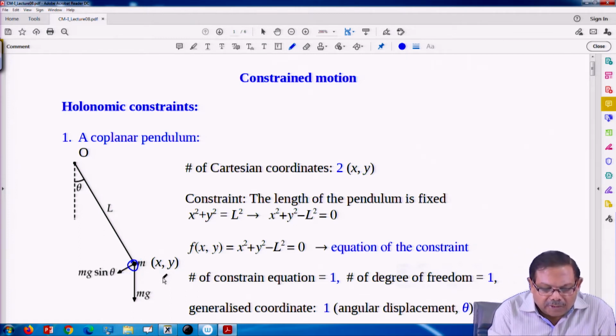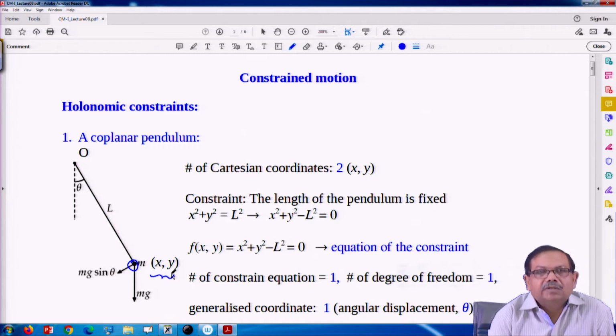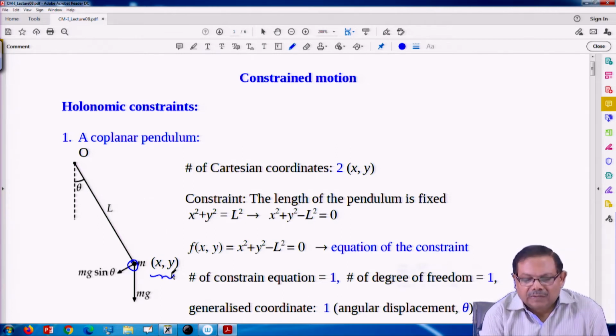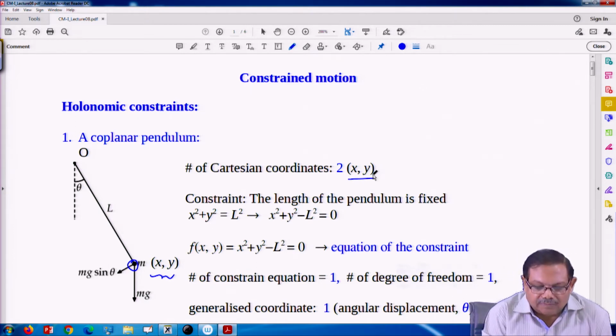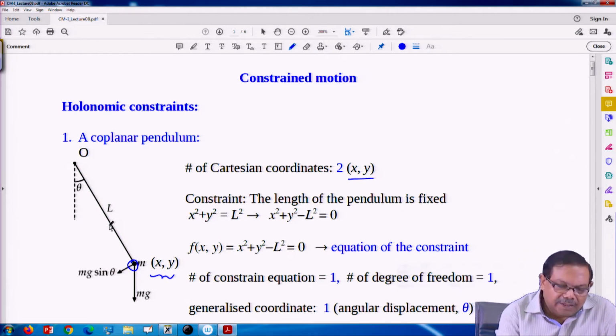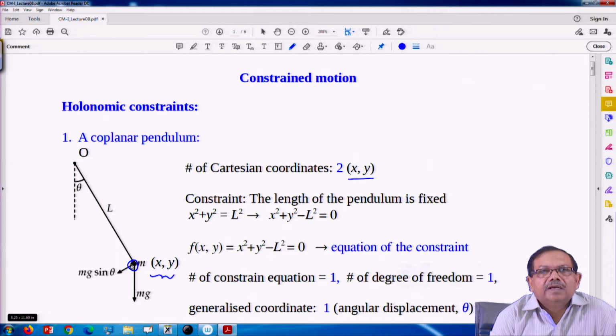So, if I look in the Cartesian coordinate system, to locate the bob I always require two coordinates, x and y. So, there are two coordinates in the Cartesian coordinate system. However, there is a constraint: the length of the pendulum, which is L, is always fixed.